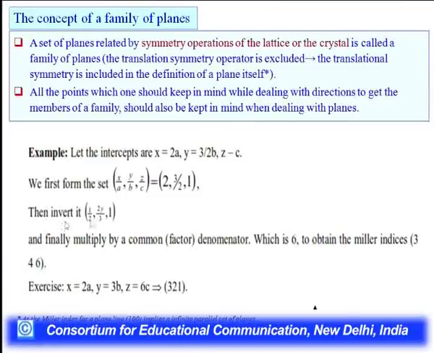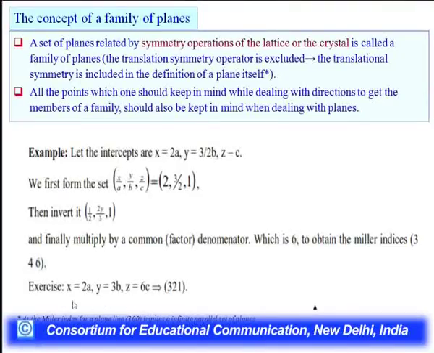Then inverted we have 1/2, 2/3 and 1. And finally multiplying by the common denominator, which is 6, we obtain the Miller indices 3, 4 and 6. This explains the Miller indices of the plane with intercepts 2a, 3/2 b and c.